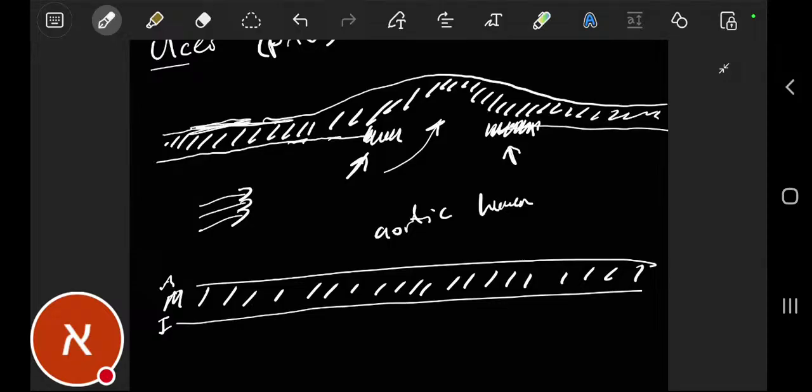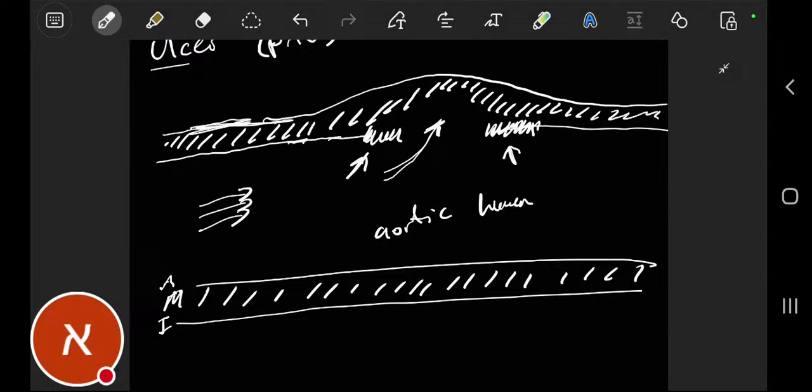Now, this plaque ulcerates, you can see here, there is some hole in it. Therefore, the blood can go to the media. Now, the media can enlarge, and there is some aneurysmal formation, as you can see right over here.